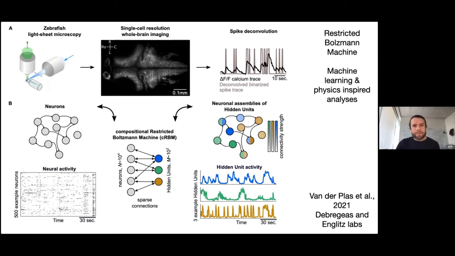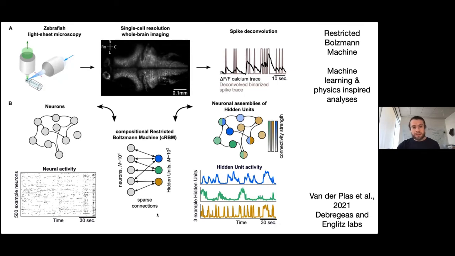And I wouldn't say I'm qualified to go into too much detail here, but the important point is that here we get connectivity between observed units and hidden units. And sometimes principal component analysis you can also interpret as connectivity between observed and hidden units, but it's more abstract. In this case, it's more explicit.